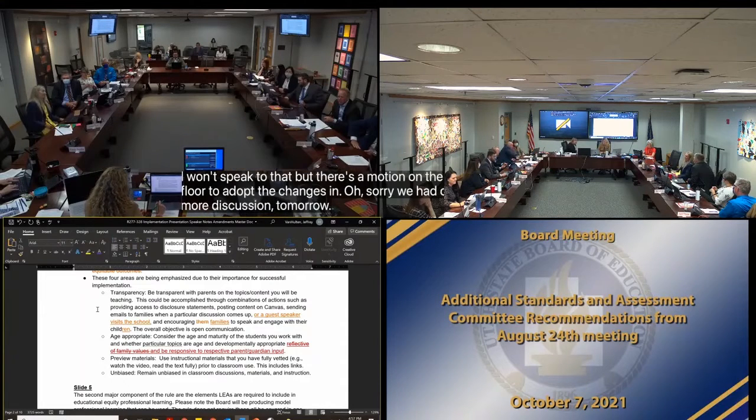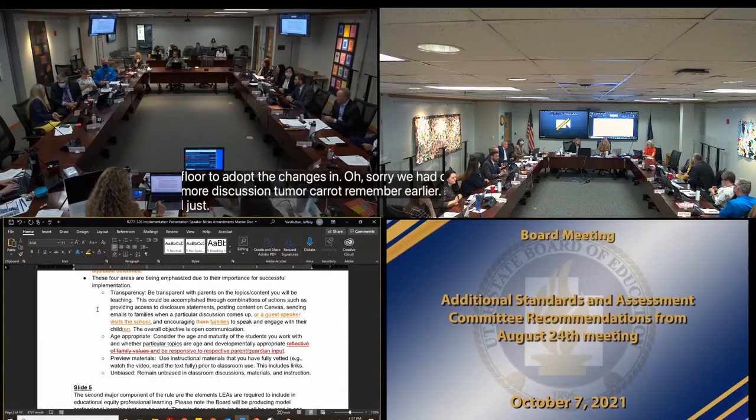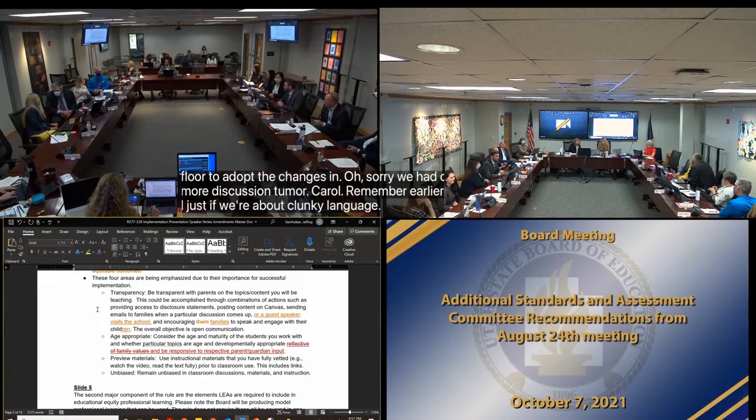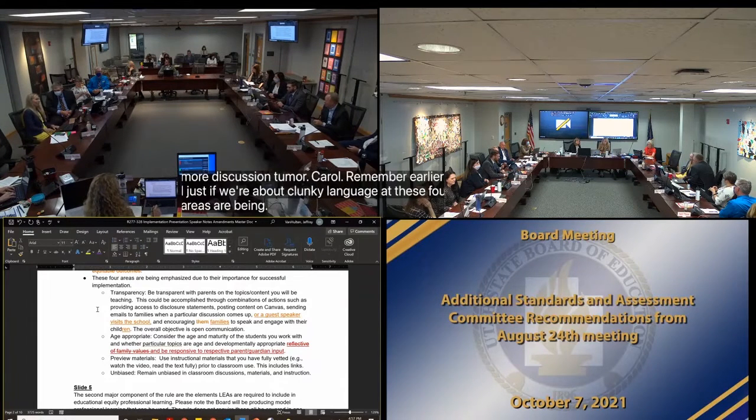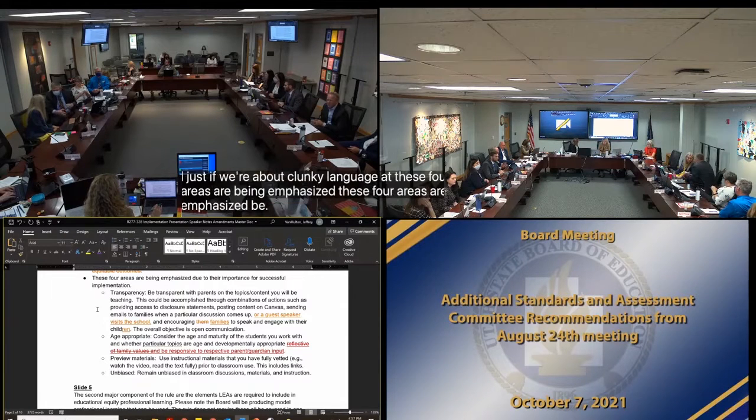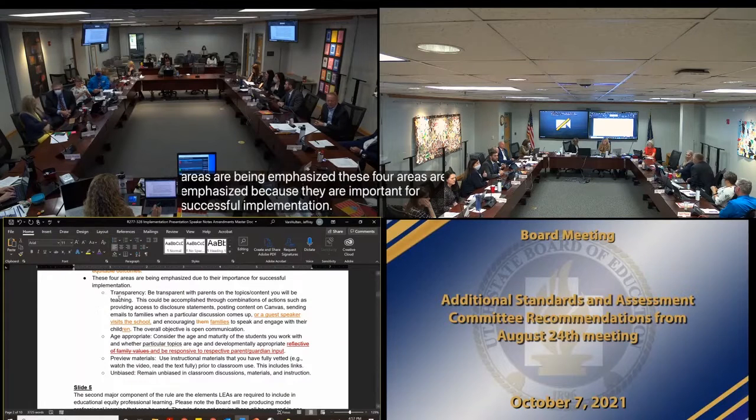Carol, Board Member Lear: If we're talking about clunky language, these 4 areas are emphasized because they are important for successful implementation. Okay.